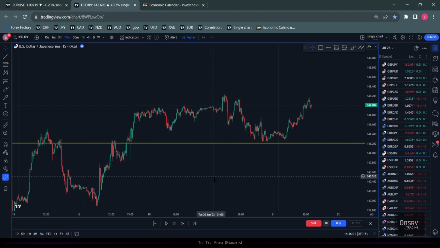It's basically the same as it is with the test phase, right? Let's initially talk about the two pullbacks, the phenomenon of two pullbacks after a strong move up or a strong move down, because it's basically the same thing.